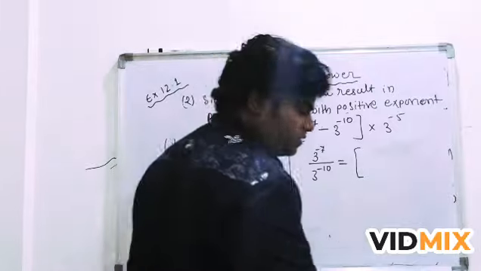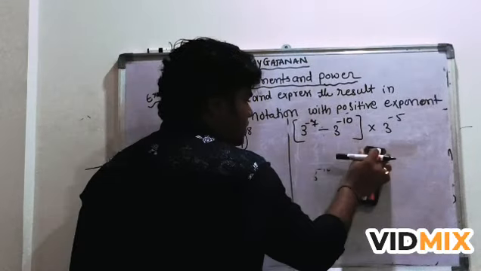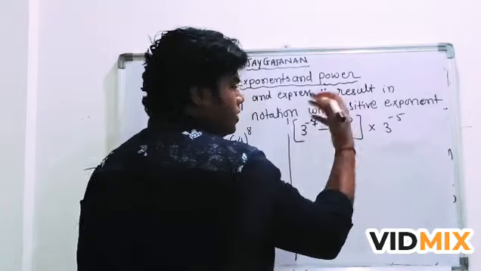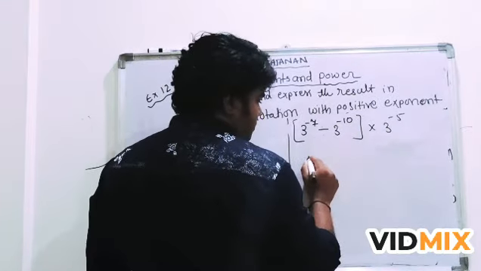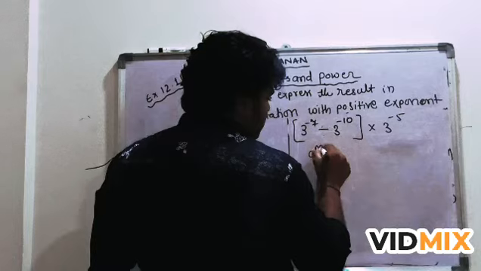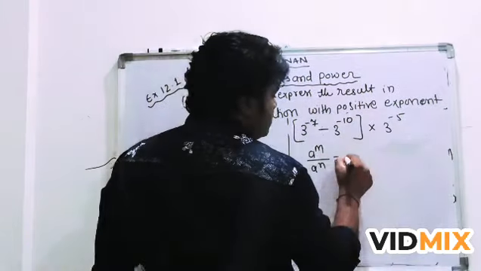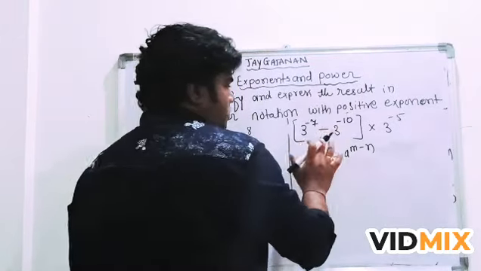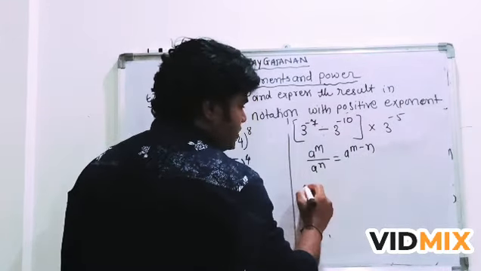Sorry, extremely sorry, this is a to the power m divided by a to the power n, so a to the power m minus n. Using this identity for this bracket, afterwards we will use the next one.